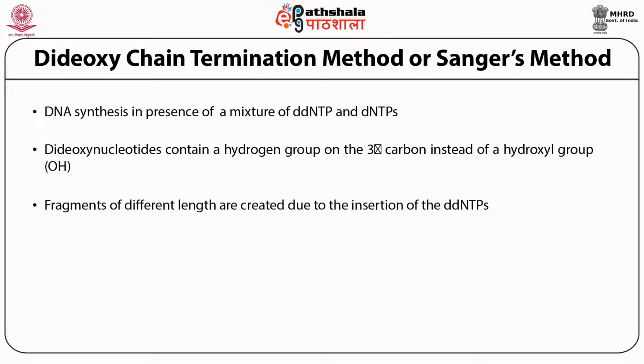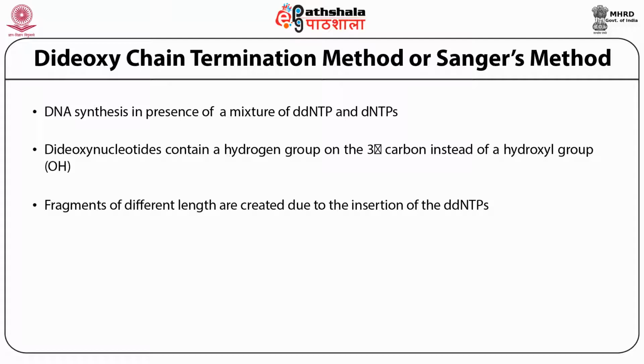As each fragment passes through the gel according to its molecular size, the laser excites the fluorescent dye attached to the terminal dideoxy dNTPs and light is emitted. This emitted light is detected by a detector and a peak is generated.